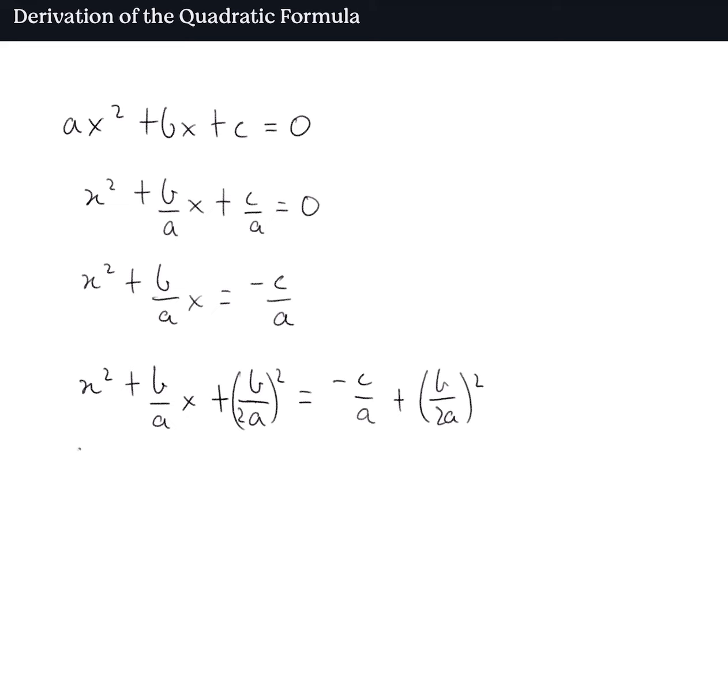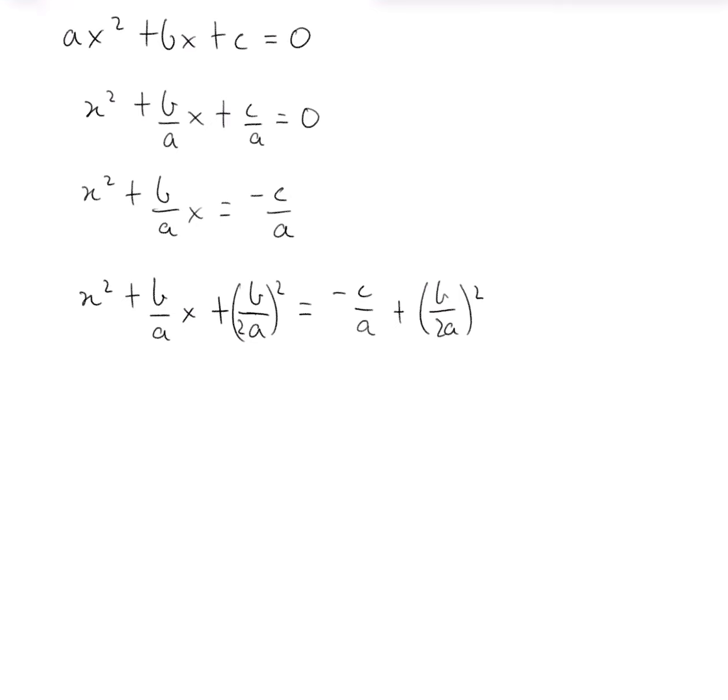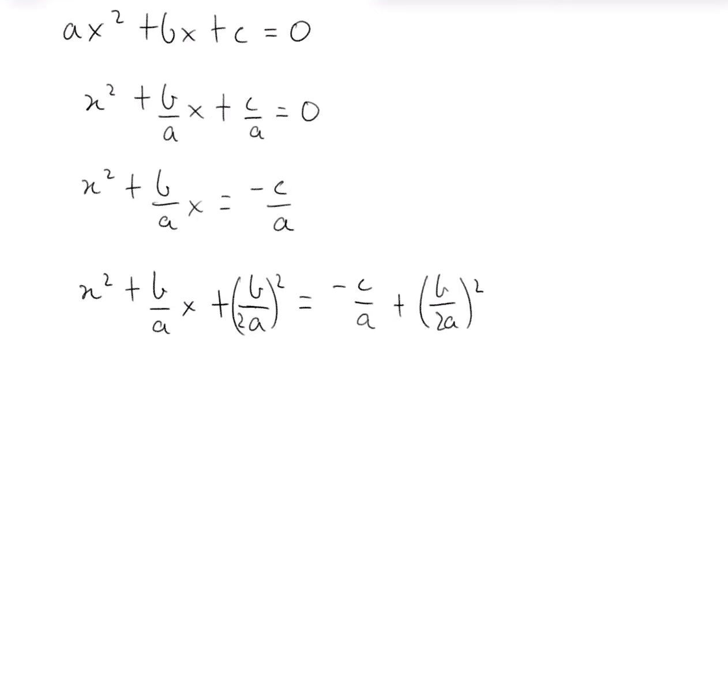All right, and the reason we did that is to be able to complete the square. So we can write this left-hand side as x plus b over 2a, squared. There are two factors, so you can make it a square.